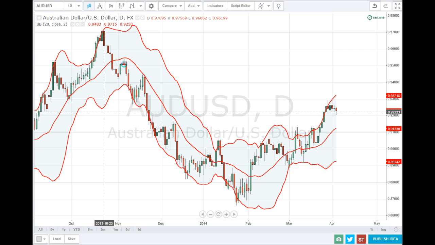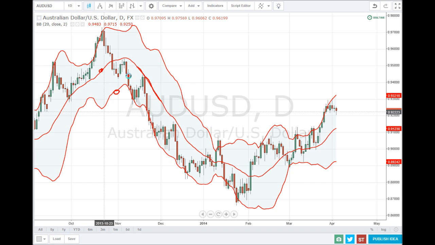So price is downtrending, we're in between this lower and middle band, and the way we're going to use the Bollinger Band to join a trend is we're going to look for a signal to join the trend, either a pin bar or engulfing candle, but we want these pin bars and engulfing candles to appear around this middle band.